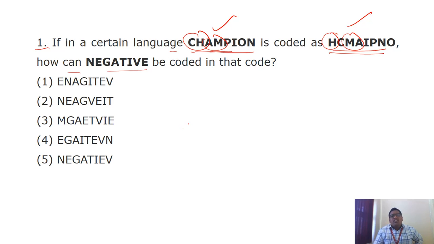So two letters are reversed. So obviously my answer will be EN, AG, IT, EV. E N A G I T E V. So option one is my answer. That's it. So only two letters positions have been reversed in the given word. Clear? So this is an example for order based coding.